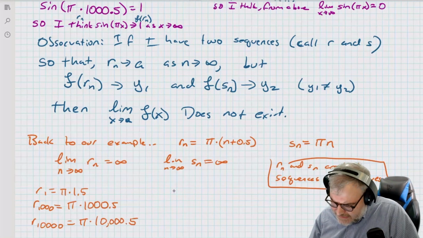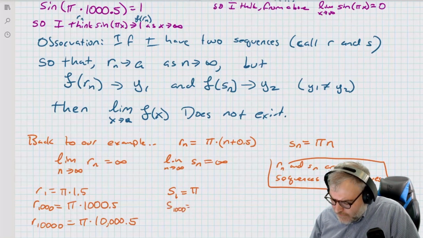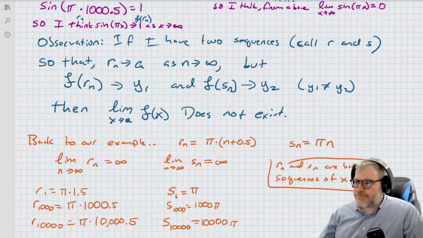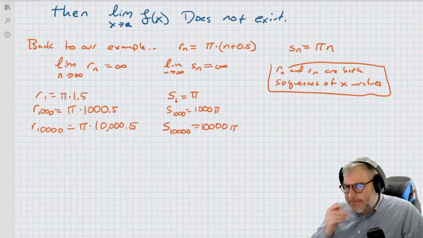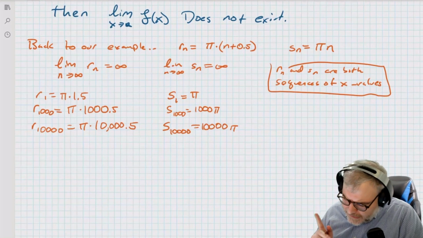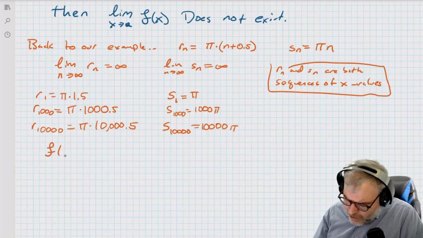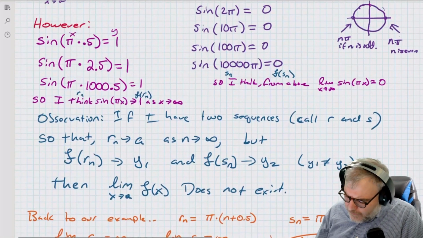Whereas S1 equaled pi, S1000 equaled 1000 pi, S10,000 equaled 10,000 pi. Okay? All right. Now, let's look what happens here. So, f of R1 equaled, we've got it up here, 1.